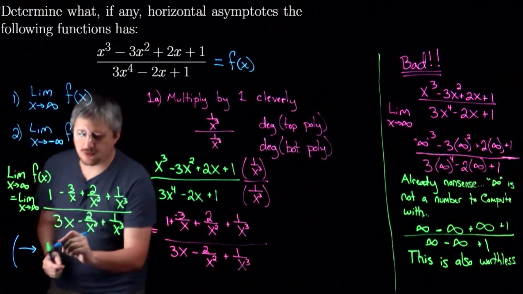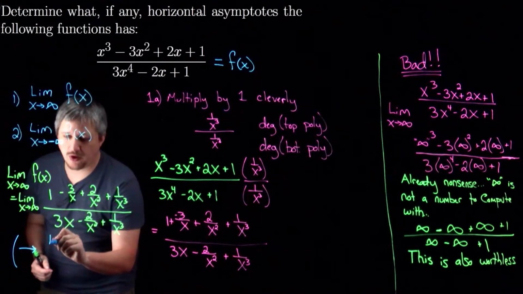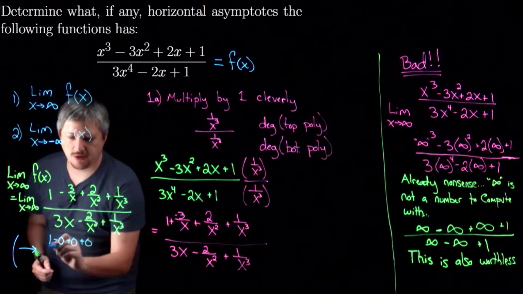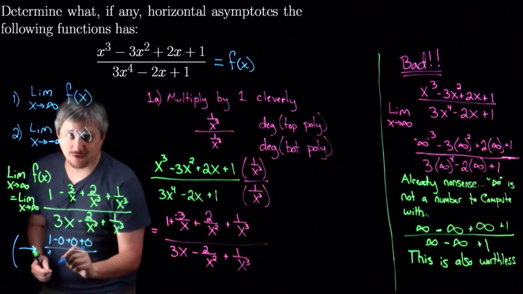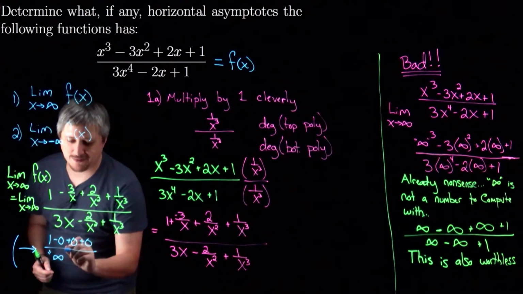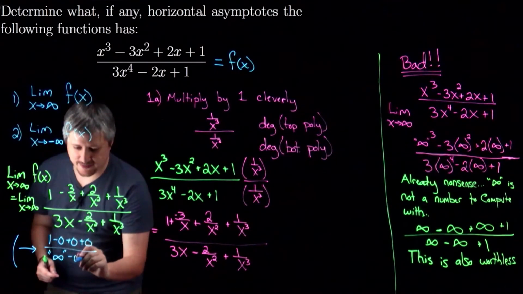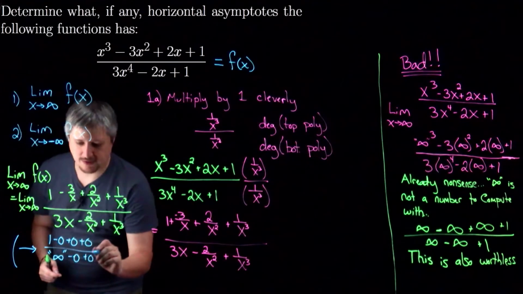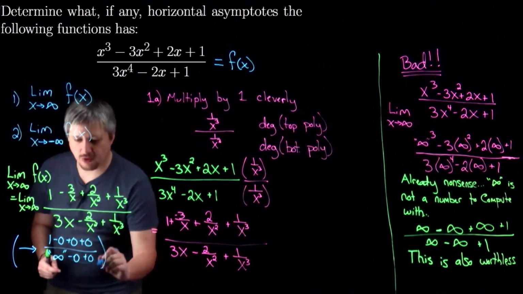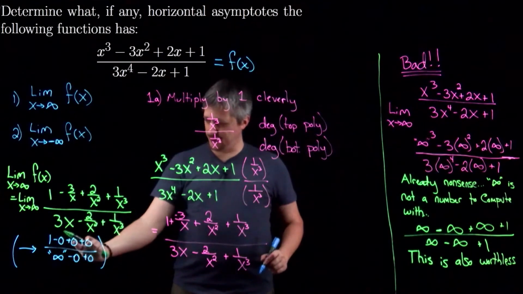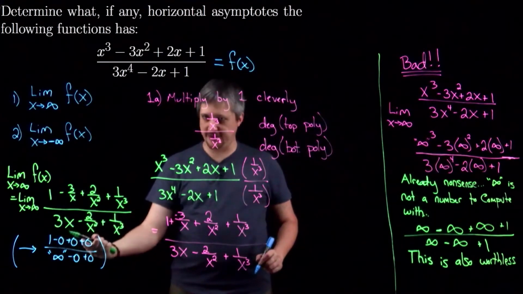This is going to something that looks like 1 minus 0 plus 0 plus 0 over, and this is why you wouldn't write this, because I'm treating it like a number, but remember this is just for explanation's sake. This is not something I'm claiming is mathematical. It's looking like this kind of thing, where I have 1 minus 0 plus 0 plus 0, so I have just 1 on the top.